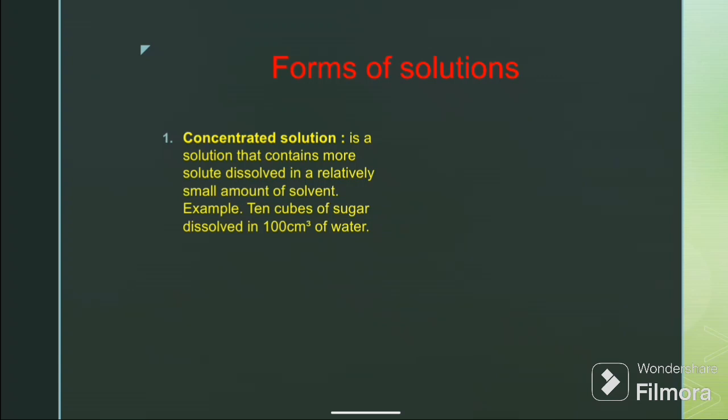A concentrated solution is a solution that contains more solute dissolved in a relatively small amount of solvent. So we have more of the solid dissolving in a little amount of the solvent. For example, we have 10 cubes of sugar dissolving in 100 centimeter cube of water.